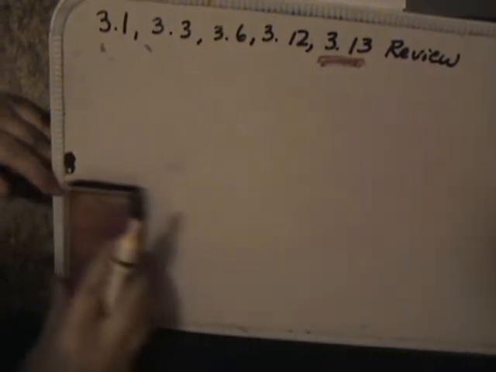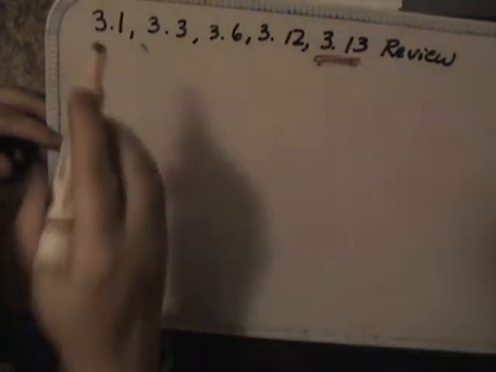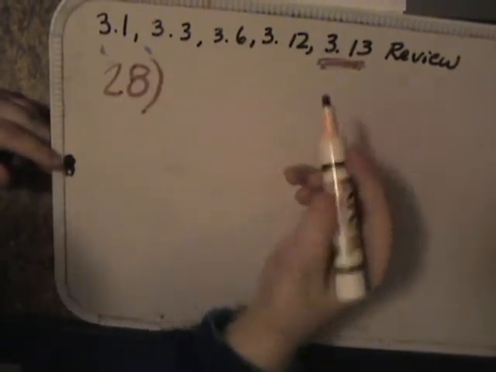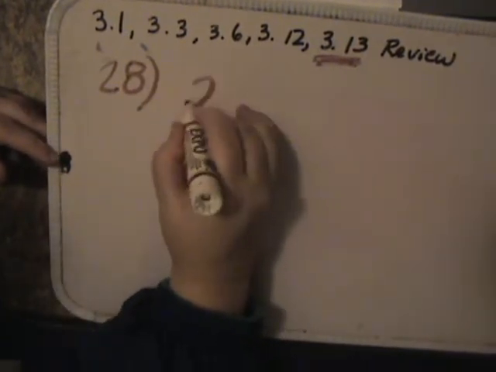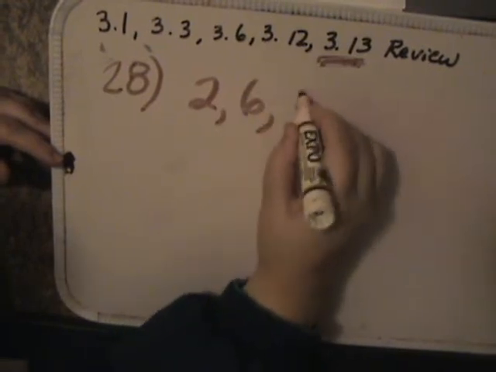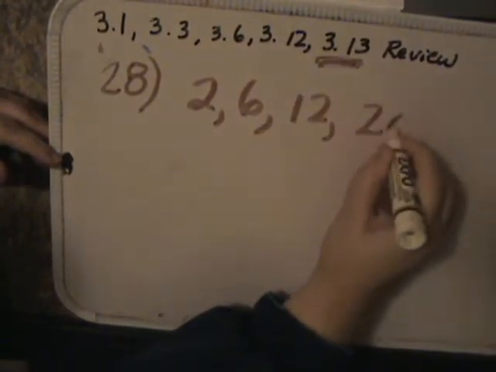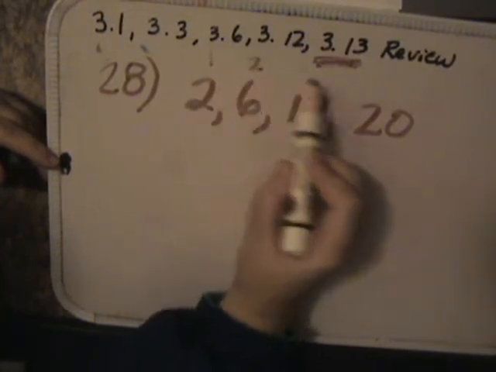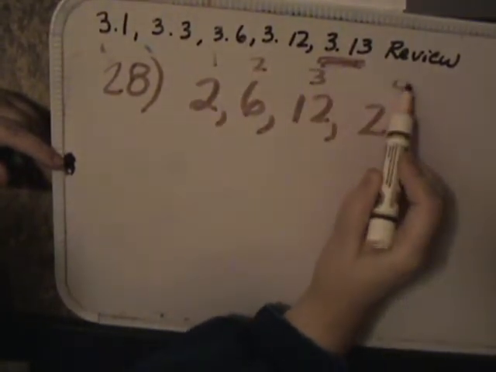And the way that I like to do these, I haven't done this one yet, so we'll see how many iterations it takes. I use a lot of guess and check. So the first thing I do is I've got my numbers 2, 6, 12, and 20. And then I know my input automatically is going to be 1, 2, 3, 4.